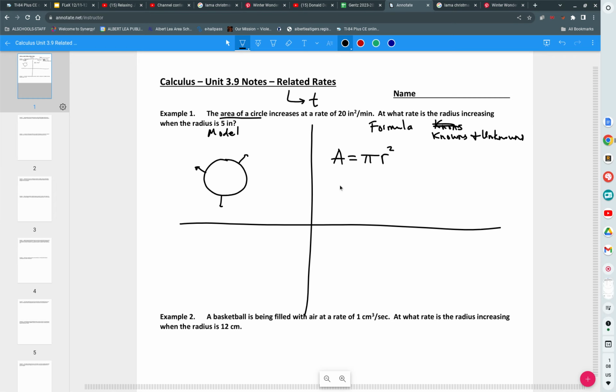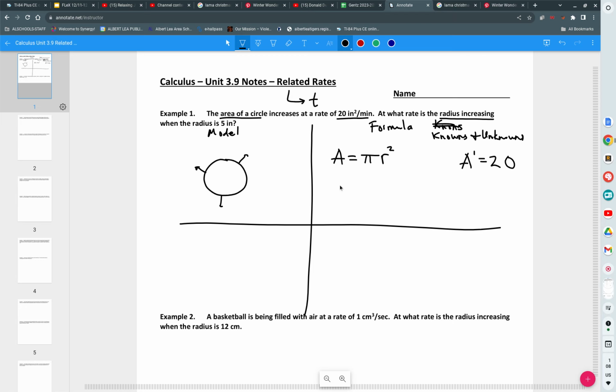Now, let's write down our knowns and our unknowns and what we're trying to find, okay? It says the area increases at that rate. That is a rate. Therefore, I know that A prime is equal to 20. It's saying at what rate is the radius increasing? If I'm looking at the rate the radius is increasing, what variable do you think that is?